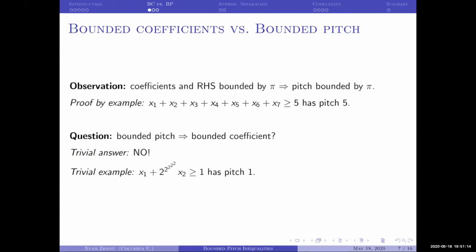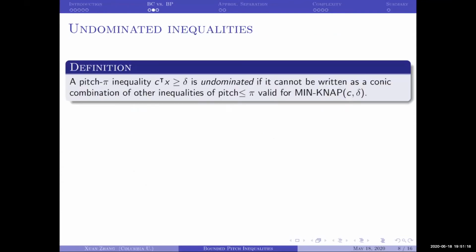So we need a better way to ask this question. Instead of focusing on all the inequalities that are out there, we chose to focus on what are called undominated inequalities. An inequality is undominated if it cannot be written as a conic combination of other inequalities of pitch less than or equal to the pitch of the inequality under consideration. And also all these inequalities have to be valid for the min-knapsack instance that is defined by the inequality under consideration.